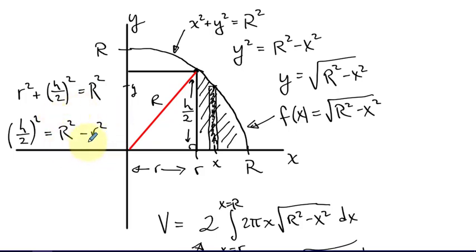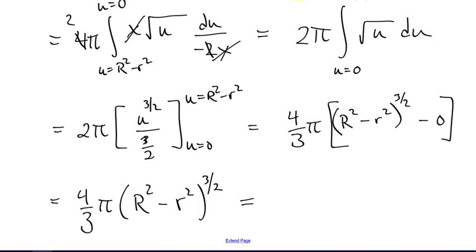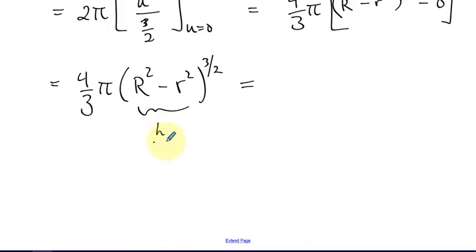And now we can use that and go back to the formula we had derived for the volume of this shaded region, as this whole region gets rotated around the y-axis. I have the volume for that region already computed down here, and I've expressed it in terms of big R squared minus little r squared, but that's exactly h over 2 squared.